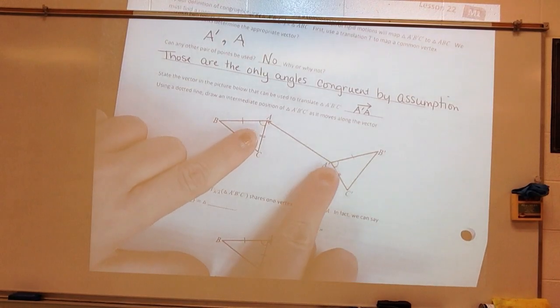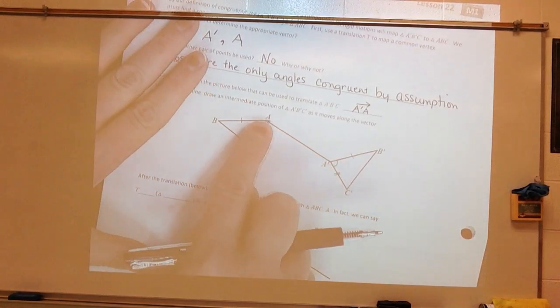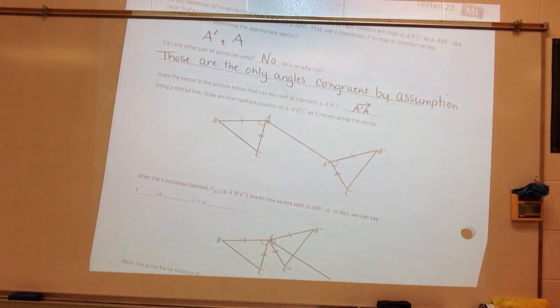But this point is going to move along this line, this vector here, till it gets to A. So think about what that's going to look like. After the translation, or that slide, then we show that it shares one vertex with triangle ABC, which is A.